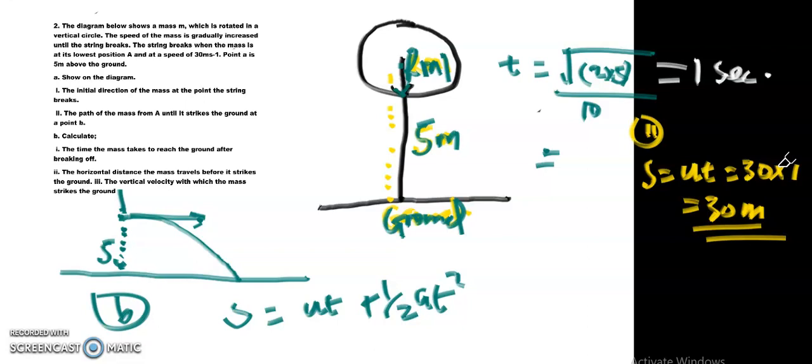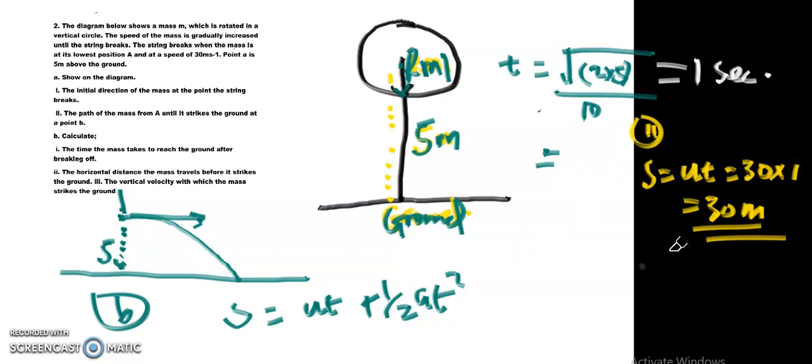The third one says that we are to calculate the initial speed with which it reaches the ground after breaking off.